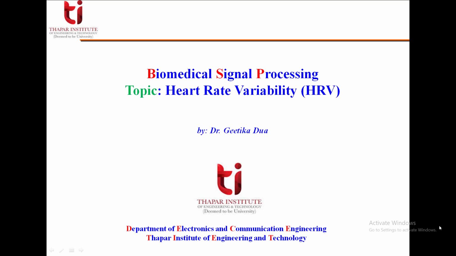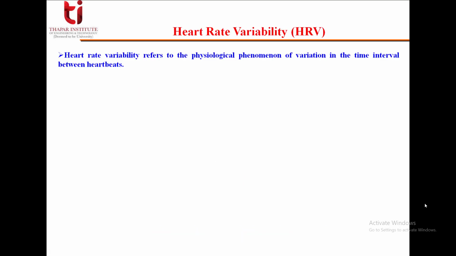Today we will start another topic, that is heart rate variability, which we will refer to as HRV. Heart rate variability refers to the physiological phenomenon of variation in the time interval between heartbeats.